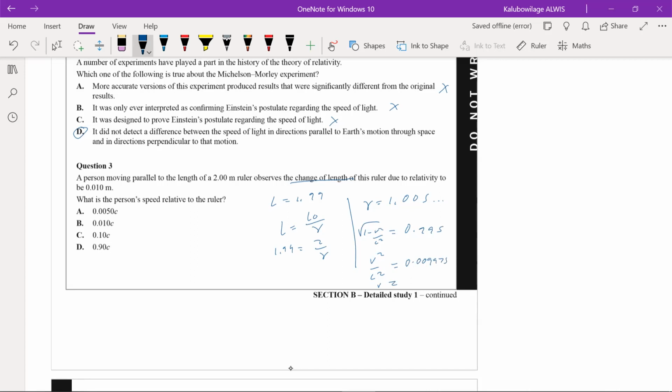Two divided by 1.99, and over square root.